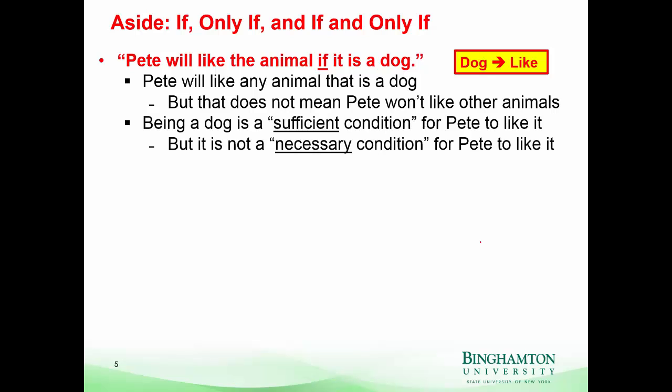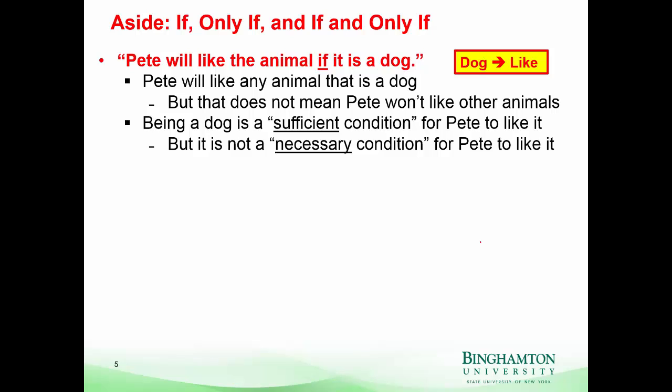So another set of terminology used for this, so this is the if construction. Pete will like the animal if it is a dog. We're saying that being a dog is a sufficient condition for Pete to like it. Is it a dog? Yes, that's sufficient for us to say Pete will like it.